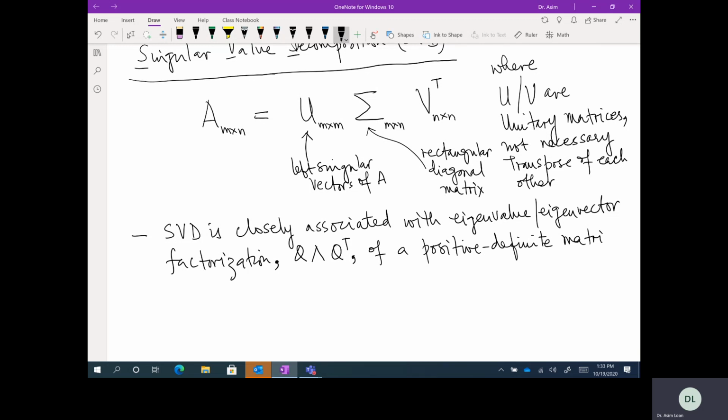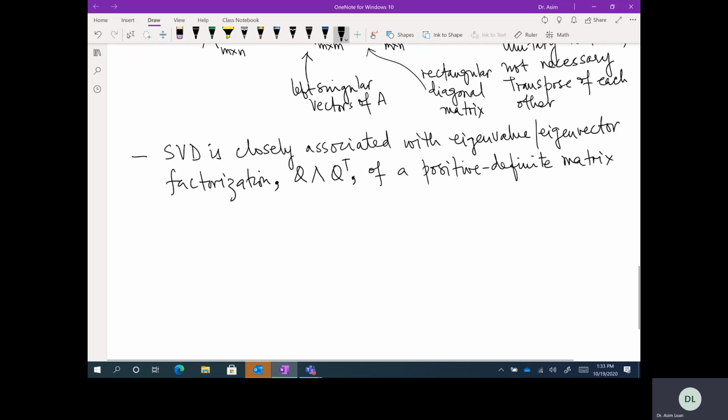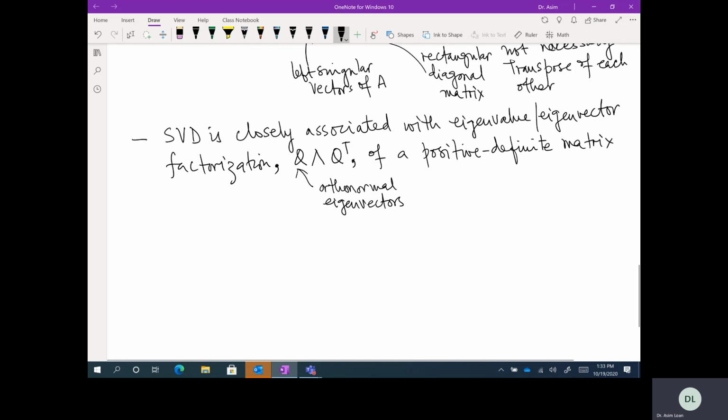What is a positive definite matrix? Where this Q has orthonormal eigenvectors. Just to recall, this has orthonormal eigenvectors.